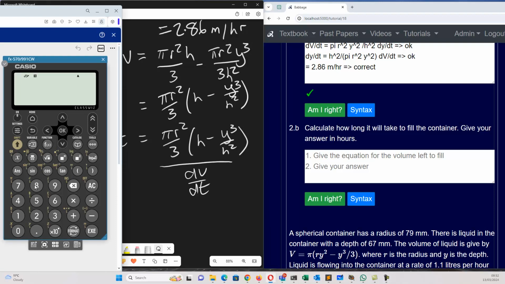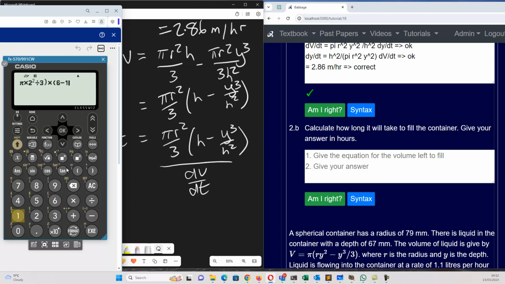So we've got brackets pi times r squared, which is 2 squared, divided by 3, close brackets, times a bracket containing h, which is 6, minus y cubed.